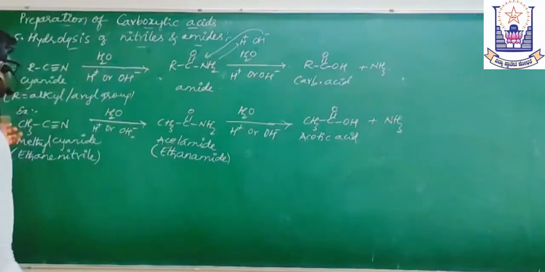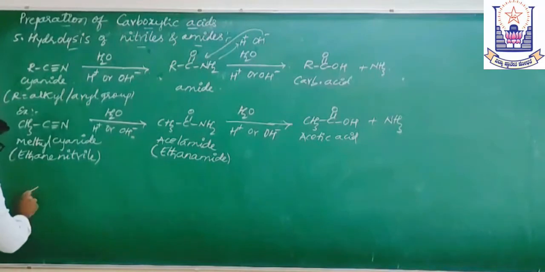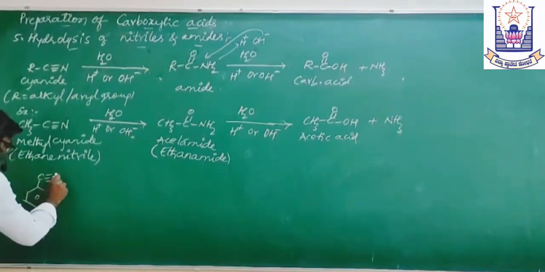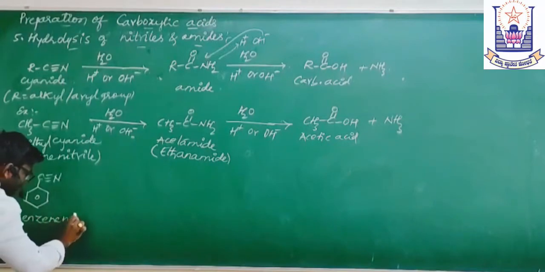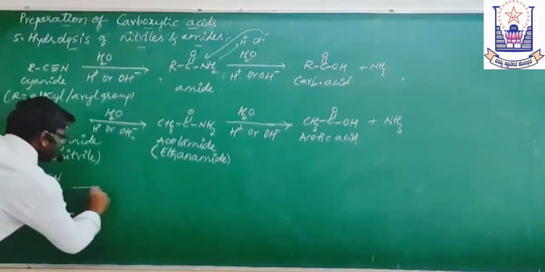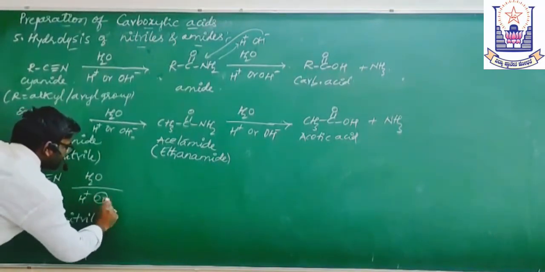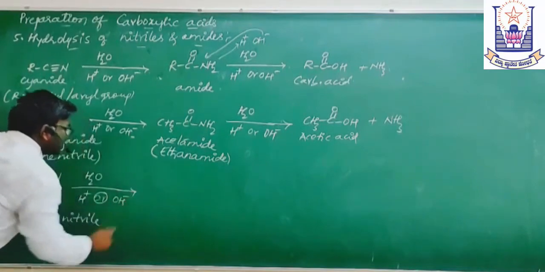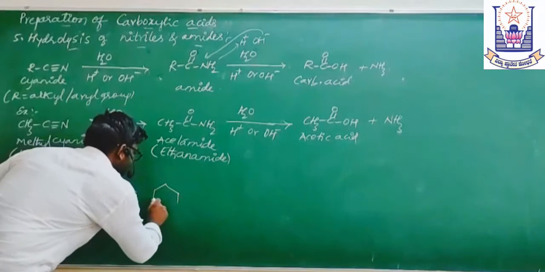If you take R as an aryl group, for example benzene, this is called benzene nitrile. When it is hydrolyzed in the presence of acidic or basic medium, you will get benzamide as the product.